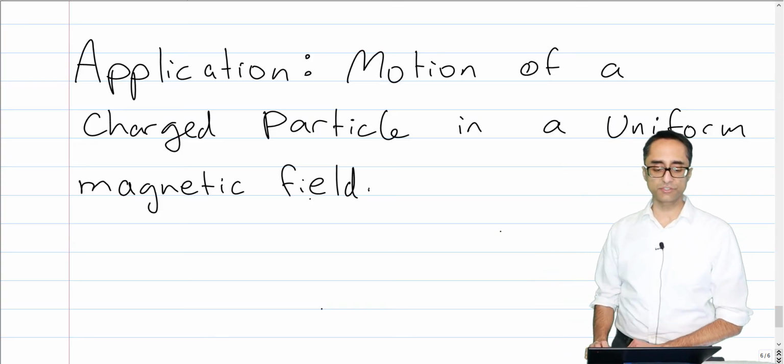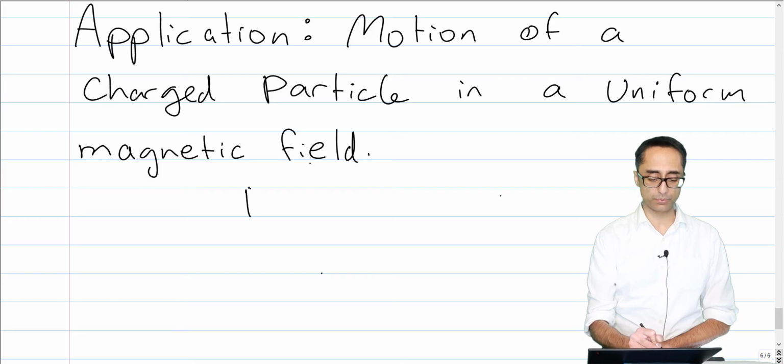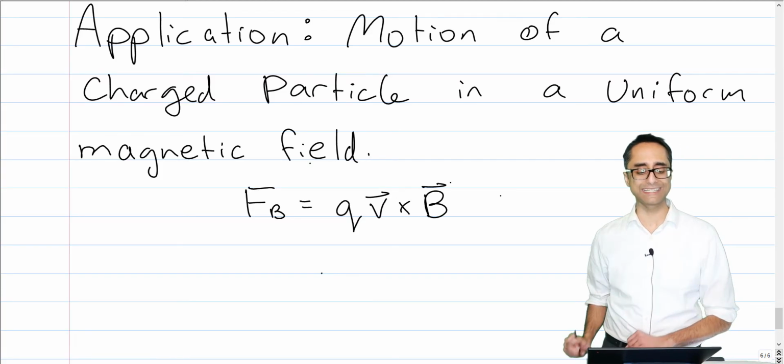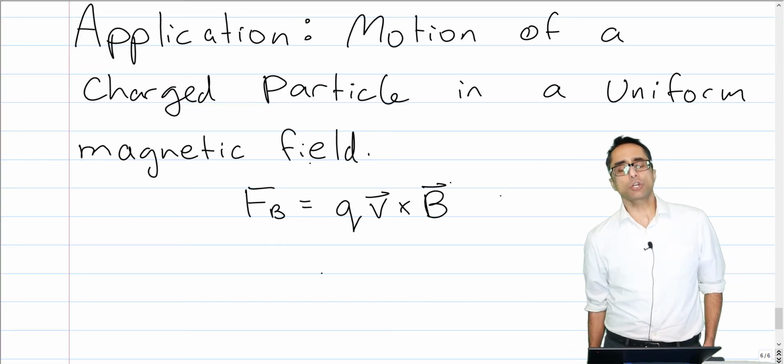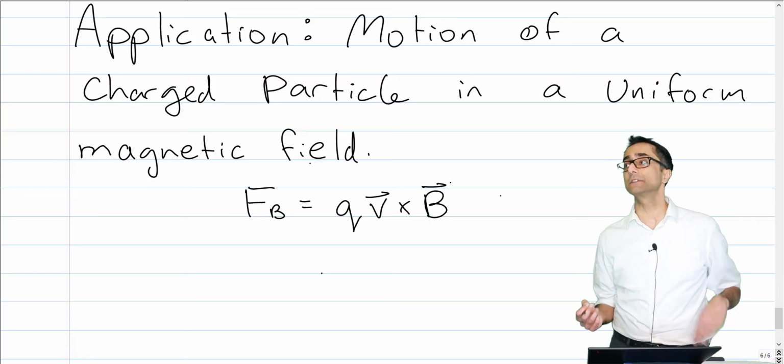And so this is going to rely on the equation that we presented earlier, specifically not the one for the wire, but the charge, QV cross B. That's our starting point here, because we want to talk about the motion of a charged particle in a uniform magnetic field.